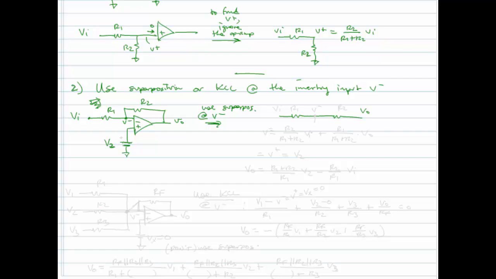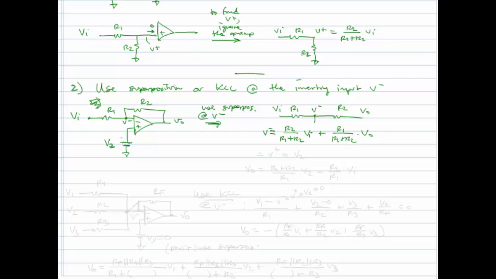You have VO here, you have V minus, and we have VI. And we can say V minus is equal to R2 over R1 plus R2 VI plus R1 over R1 plus R2 times VO.